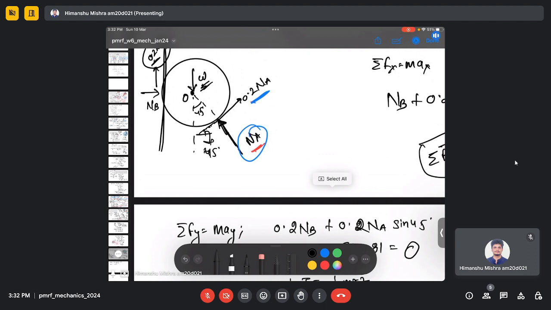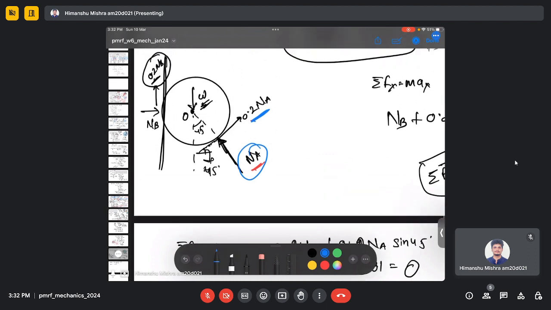And you can see that the contribution to the moment will come due to this friction force and this friction force. All the other forces act through a line of action, so they will not contribute to any moment. Only the two friction forces will contribute to the moment.